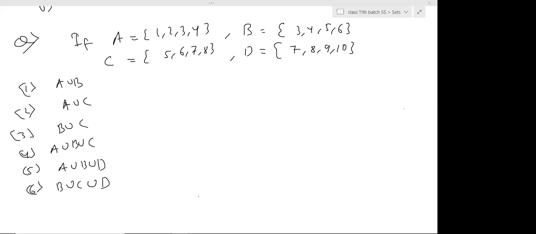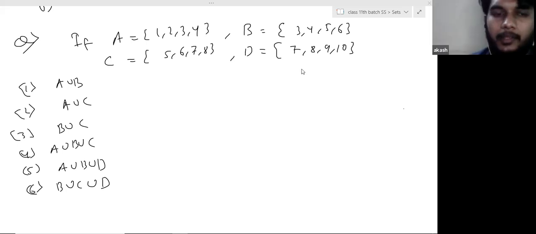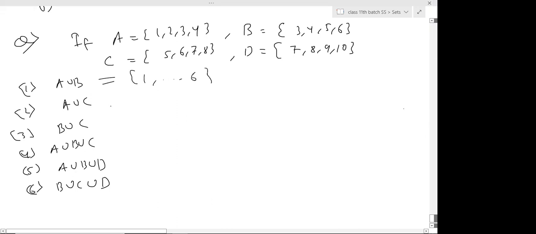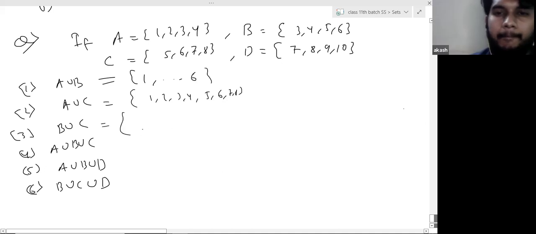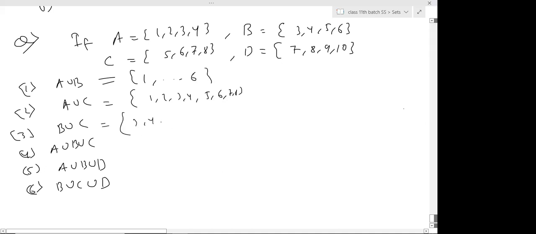So the first one is 1, 2, 3, 4, 5, 6. A union B is 1, 2, 3, 4, 5, 6. Absolutely right. The second one is 1, 2, 3, 4, 5, 6, 7, 8. Absolutely right. The third one is 3, 4, 5, 6, 7, 8.